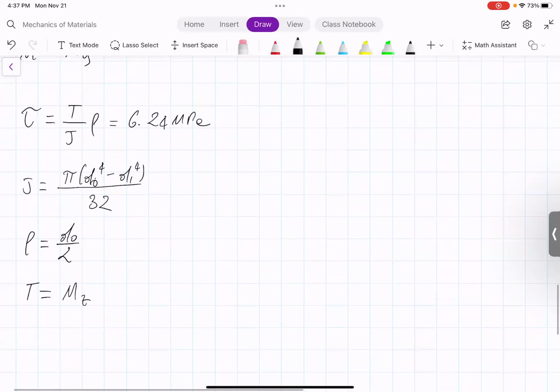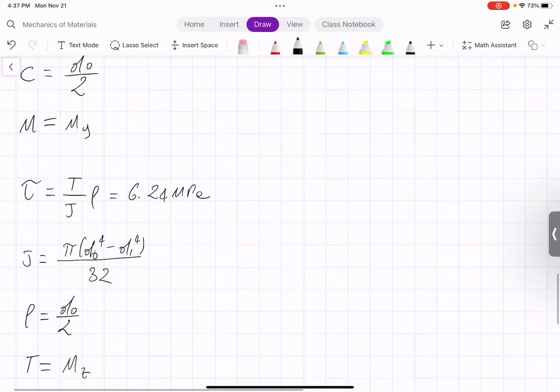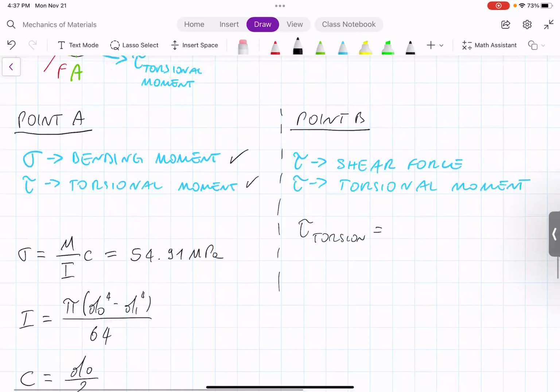So the stress due to the torsion we calculated before is 6.24 megapascal.